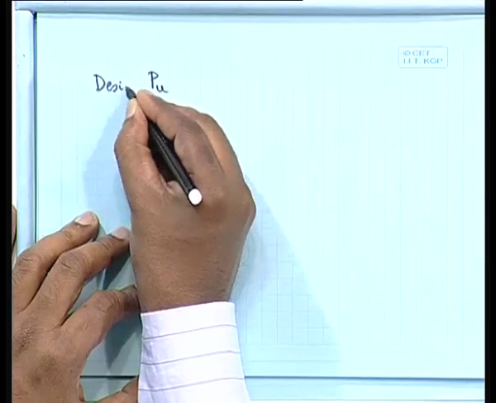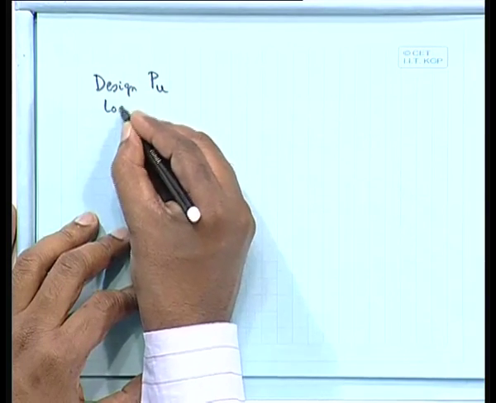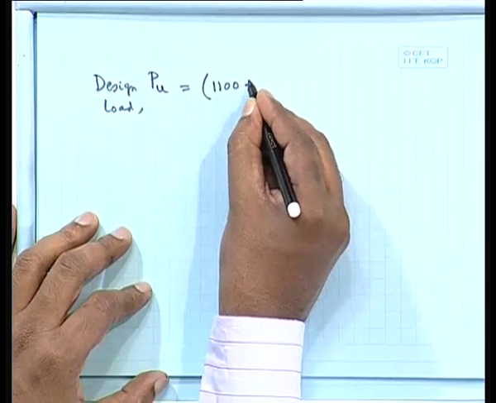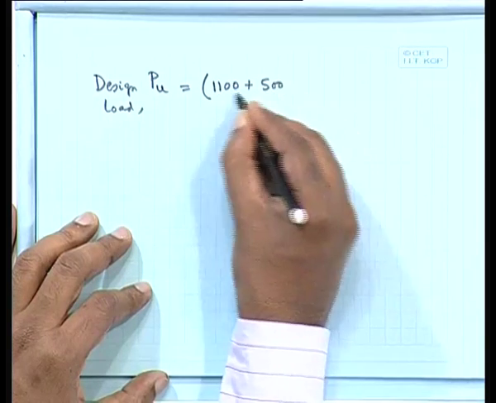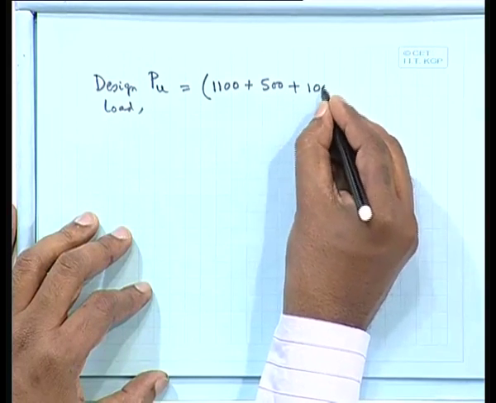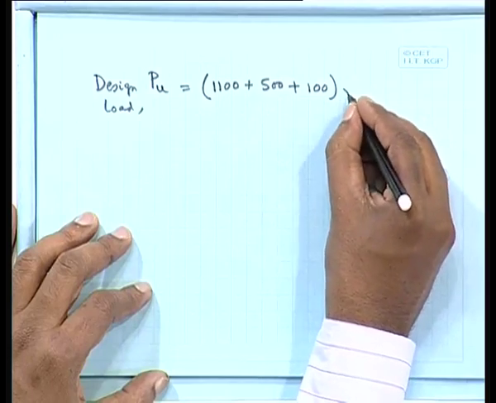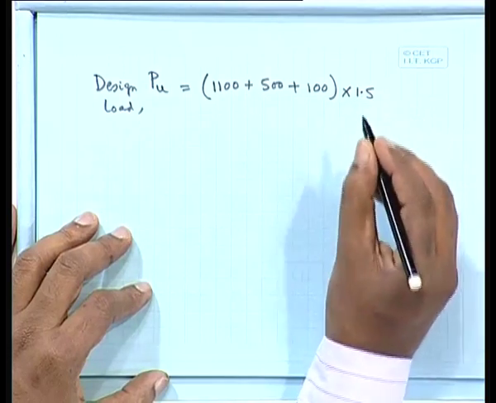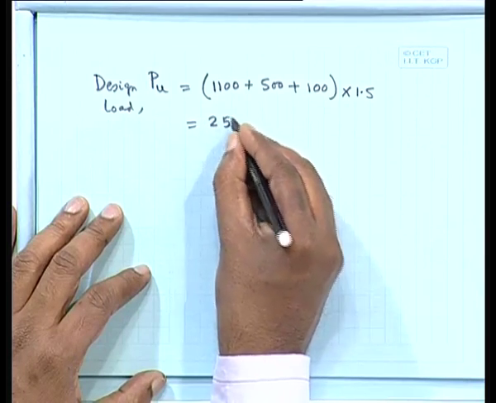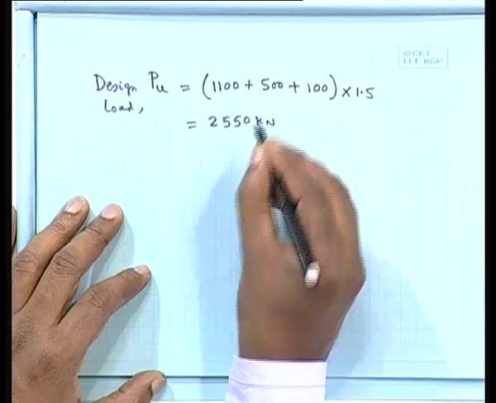What about PU, that design load? 1100 dead load plus 500 live load plus self weight, times 1.5, equals 2550 kilonewton.